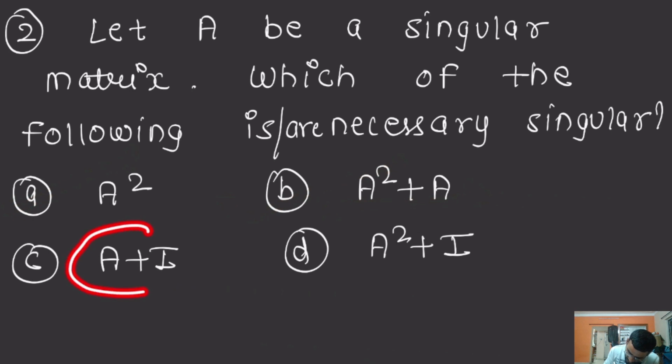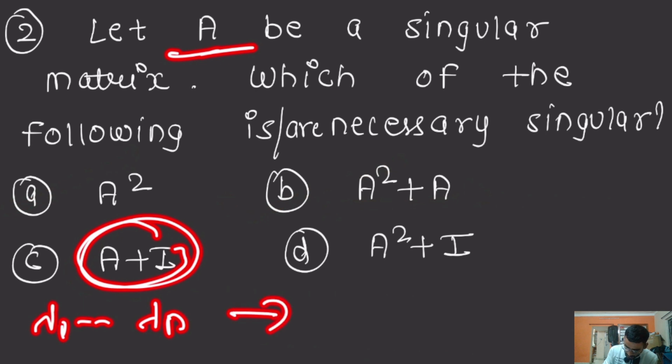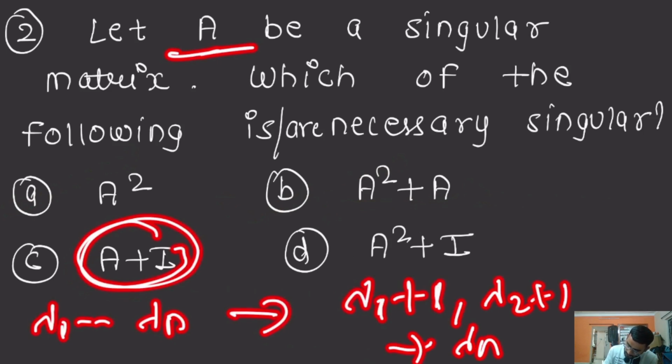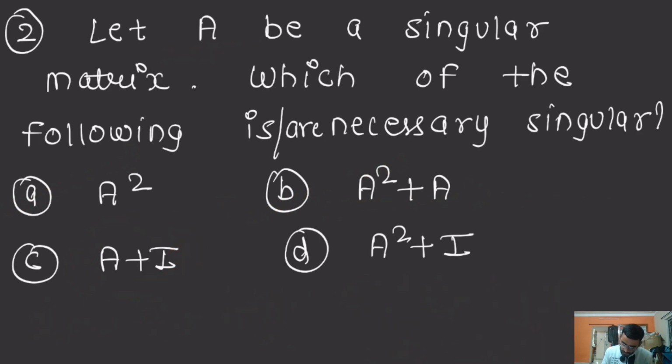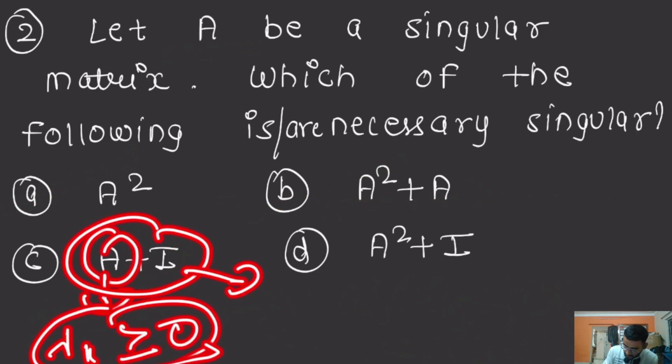If we see A plus I, let's say the eigenvalues of A are lambda 1 up to lambda n, then the eigenvalues of A plus I will be lambda 1 plus 1, lambda 2 plus 1, up to lambda n plus 1. Let's say all the eigenvalues of A are either 0 or greater than 0, then the eigenvalues of A plus I will not be 0.